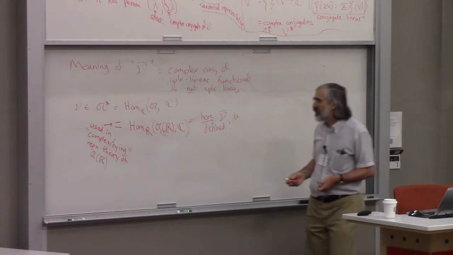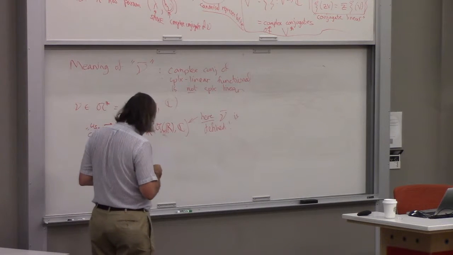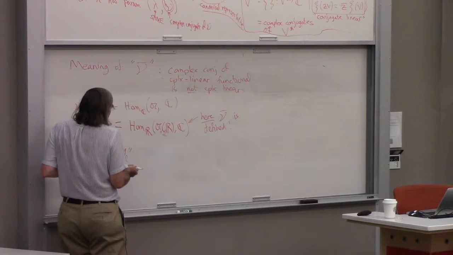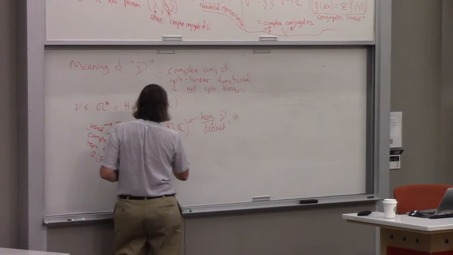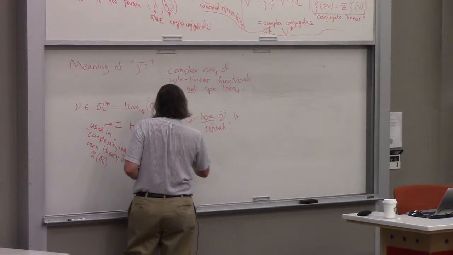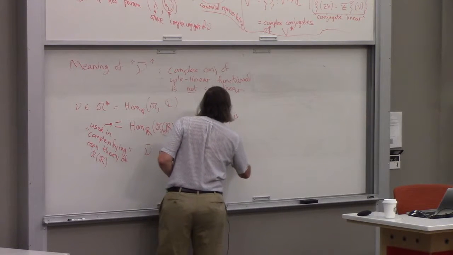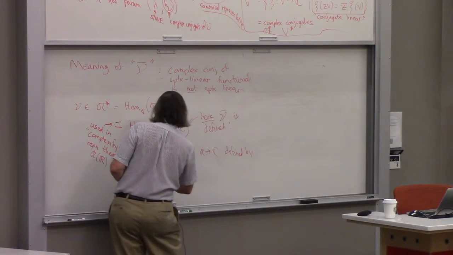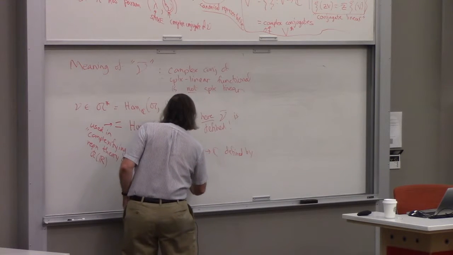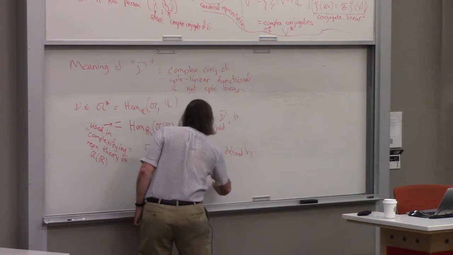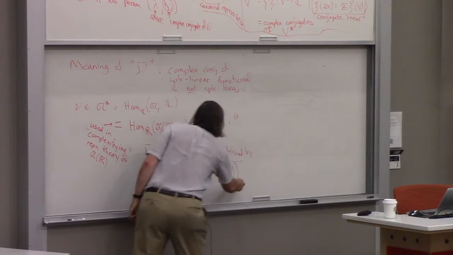So this is a little bit peculiar. Well, one way to say it: nu bar means the map A to C defined by nu bar at some element of A is defined to be, if you take nu and evaluate it and take complex conjugate.